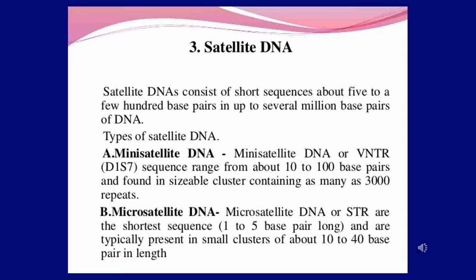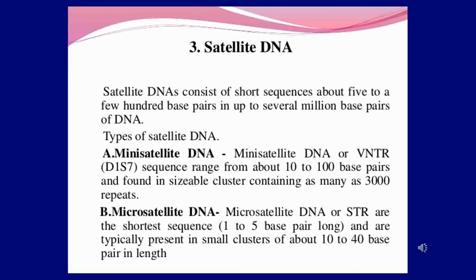It is called satellite DNA because while extracting the entire genome from the cells of an individual, after centrifugation of the extracted DNA in a gradient medium, two or more than two bands appear, one of which is a very thick band representing the most part of the genome, while the other band represents this satellite.